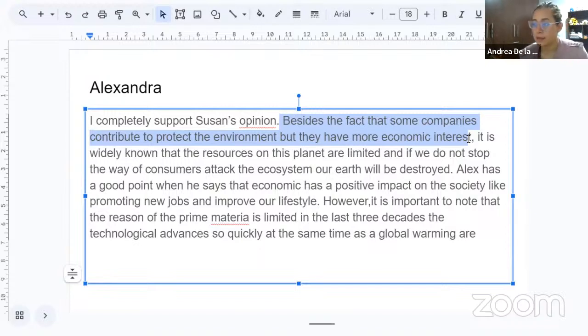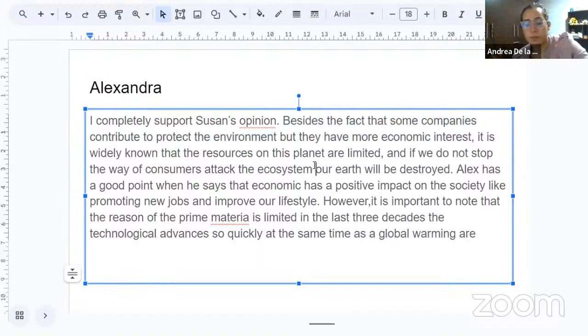So besides the fact that the only place we have to live in is planet Earth, it is widely known that the resources on this planet are limited, and if we do not stop the way that consumers are attacking the ecosystem, our Earth will be destroyed. Okay, good. So you're now talking about resources. I like that. It's a nice addition to what Susan said.